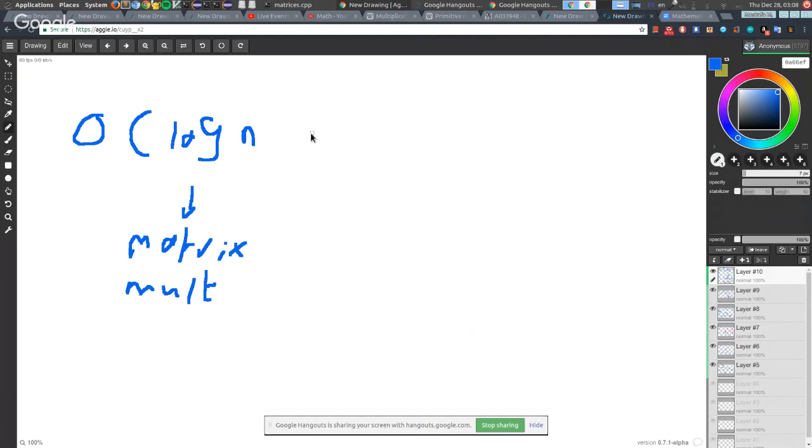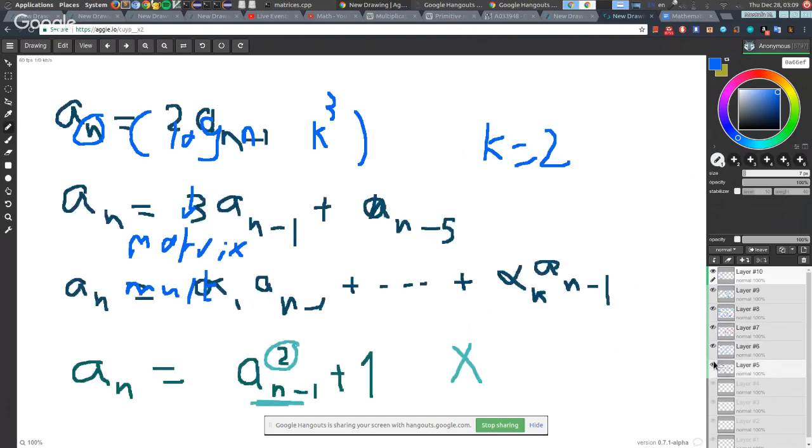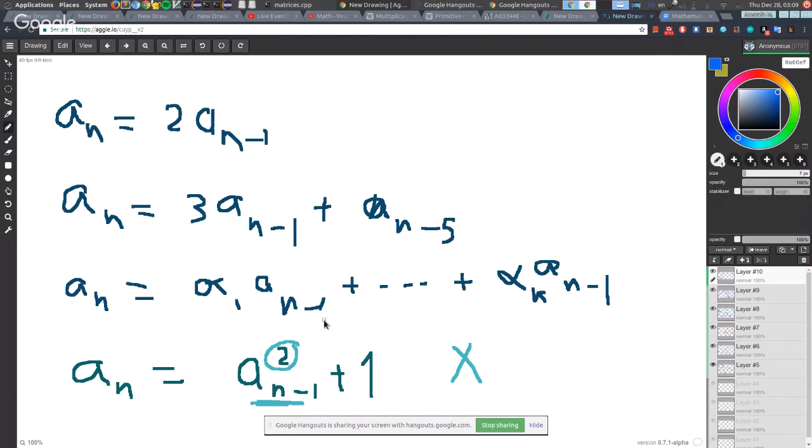And each time we call this, we have k to the power 3. So in the Fibonacci, our k was equal to 2. Like we see here, this definition of linear recurrence. So here, this is our k. So it's the number of terms that we see.